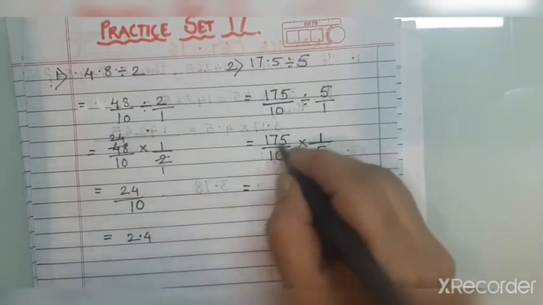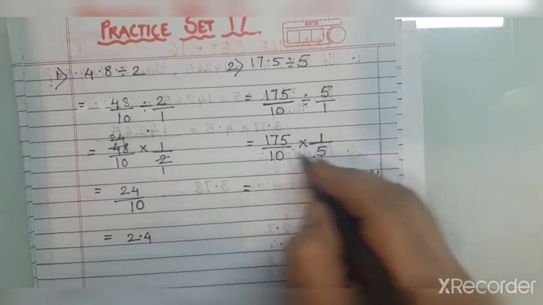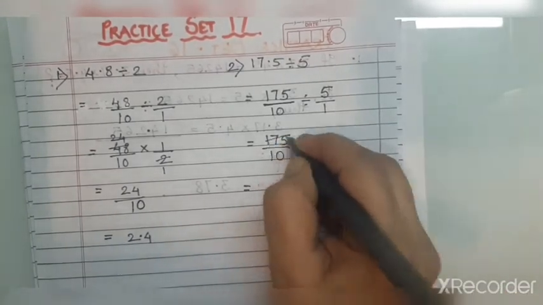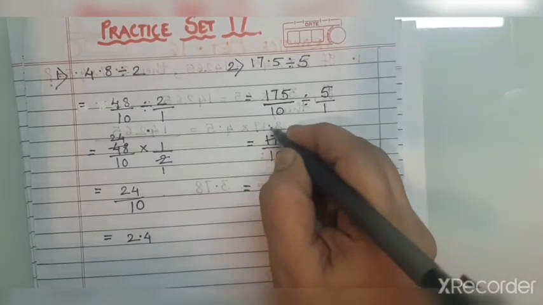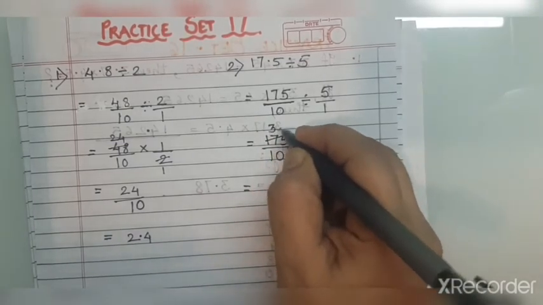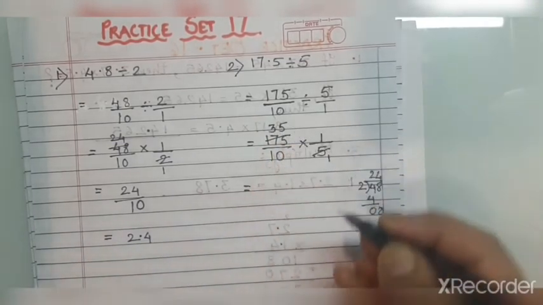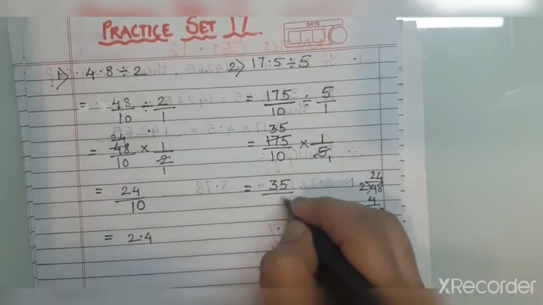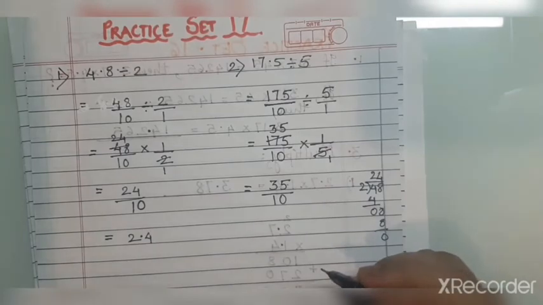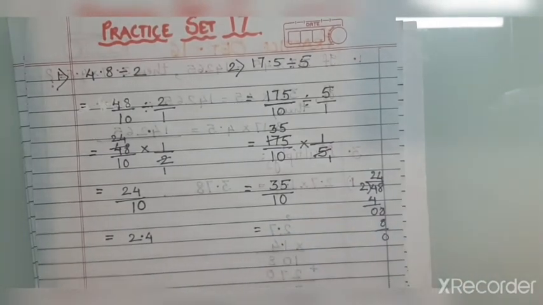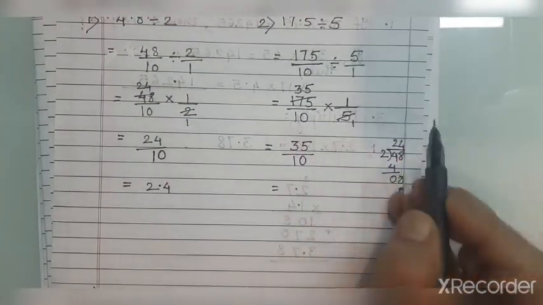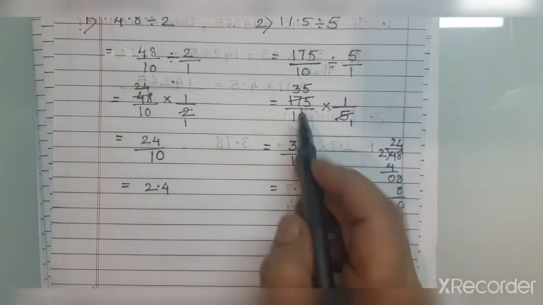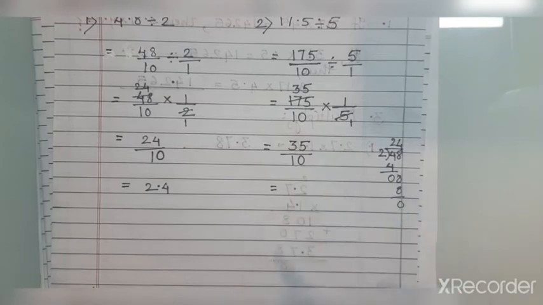That is, 5 can be divided into 175, that is 5 ones are 5, 5 3s are 15 and 5 5s are 25. Okay, so 35 upon 10. When 175 is divided by 5, as I told you, you can do it in the rough also. Now we got 35 ones are 35 upon 10.